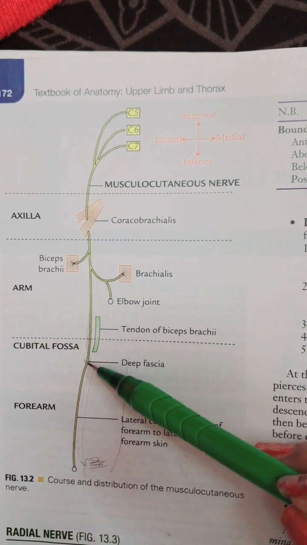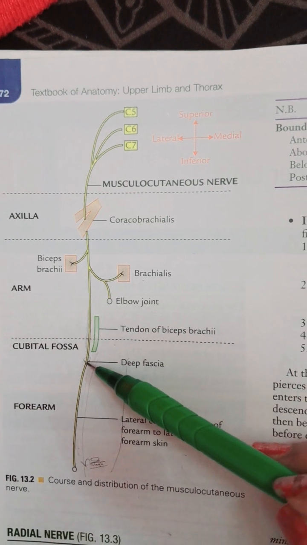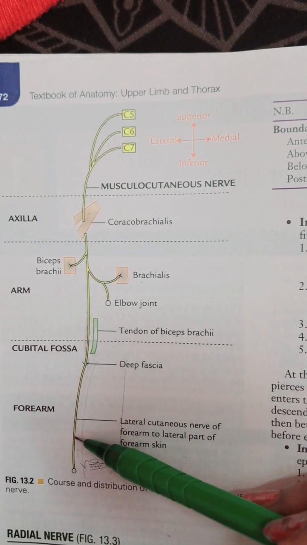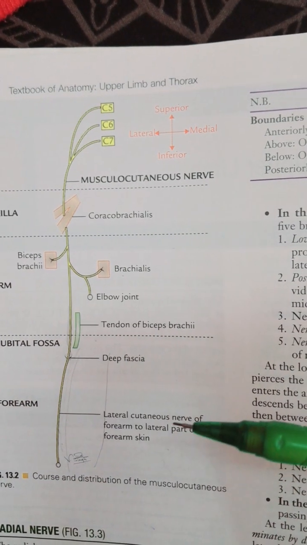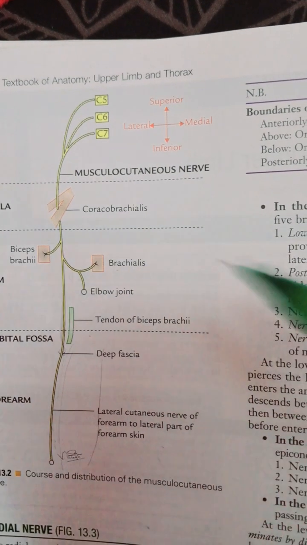So it pierces 2 centimeters above the elbow and passes to the lateral aspect of forearm to produce a sensory innervation to lateral aspect of forearm.